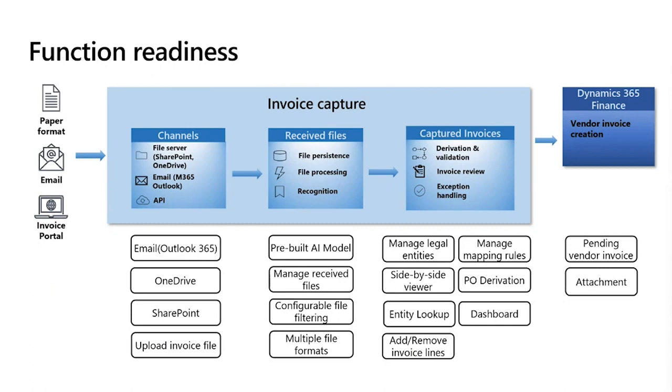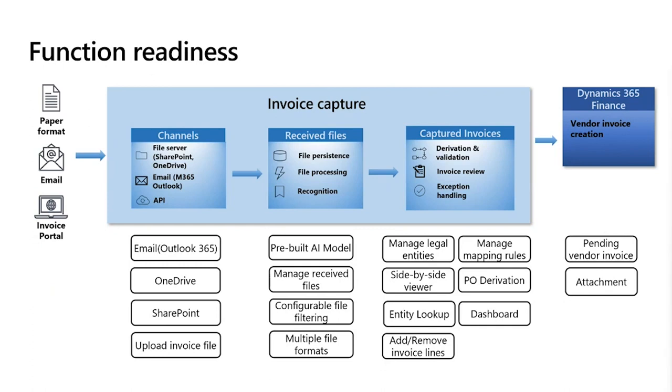One major task is to derive the entity values automatically by the configuration of the mapping rules. For example, the legal entity, vendor account, item, or the procurement category. This ensures the invoice is complete enough and can be generated as a pending vendor invoice in Dynamics 365.